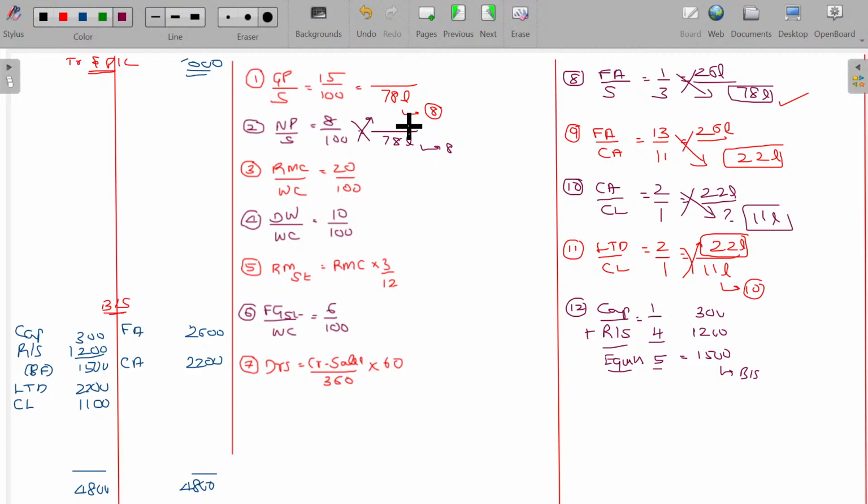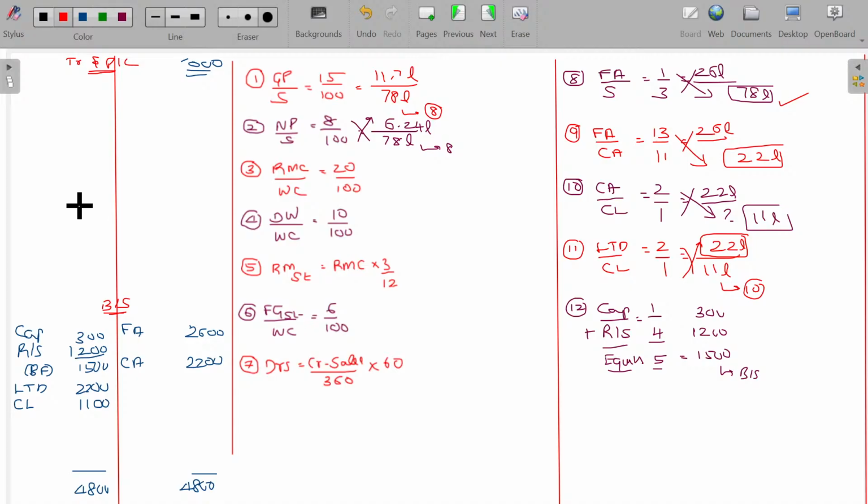Okay, find out the net profit. 8% on 78 lakhs is 624, 6.24 lakhs. What about the GP? 11.7 lakhs.